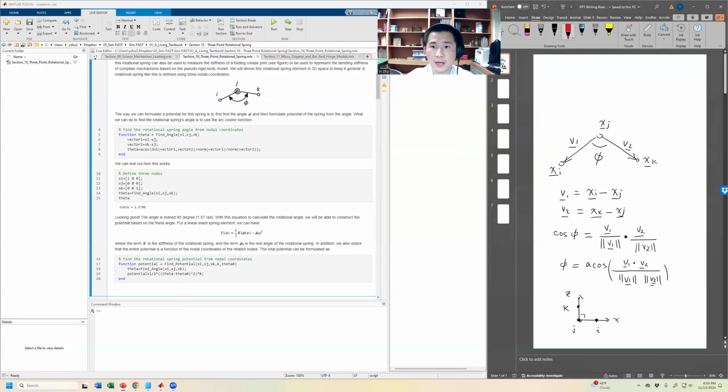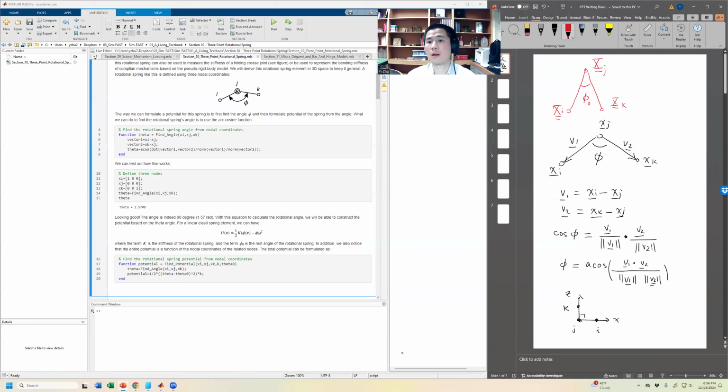So let's assume that the red is its original configuration, right? Then we're going to have a phi naught, and we can follow the convention of using the uppercase for the undeformed configuration and the lowercase for the deformed configuration, which is quite widely used notation.